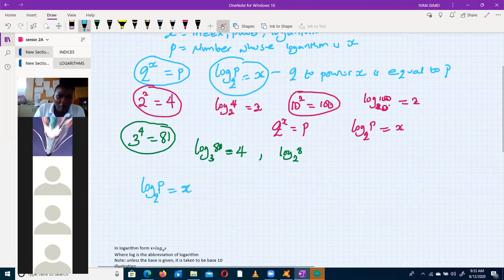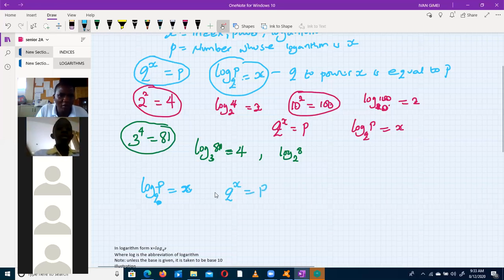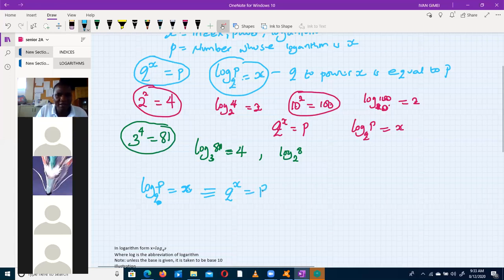You're finding log of P to base Q. We're simply saying here that if I get Q, of course Q is the base, if I get Q to the power of X, it will be equal to P. That means that Q to the power of X is the same as P. These two statements are equivalent to one another. They are the same. Q to the power of X is the same as P.